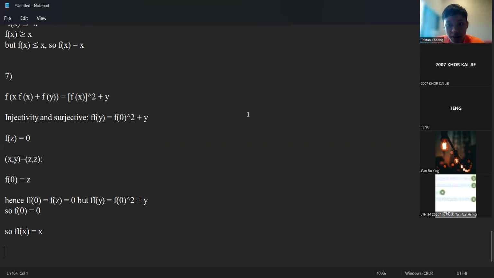Okay, now we see, if we let y is 0, then we get this. So how do we get rid of the annoying square?